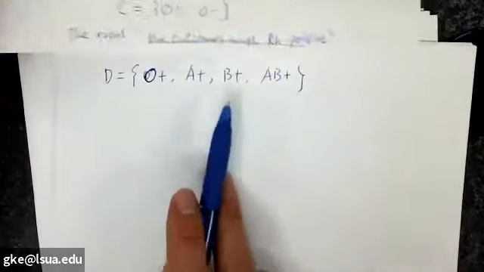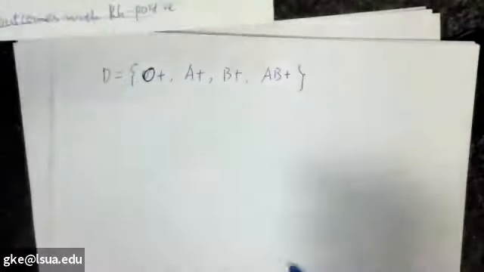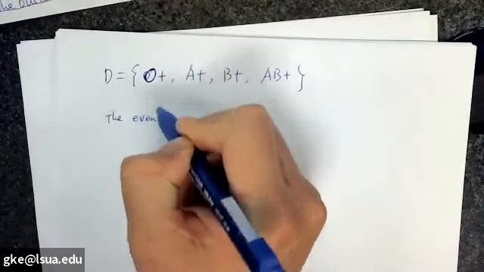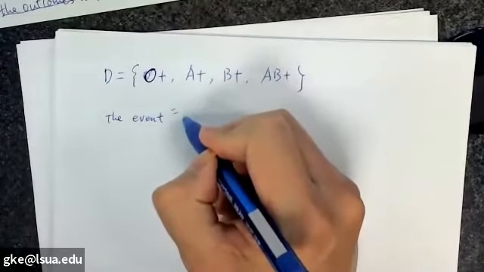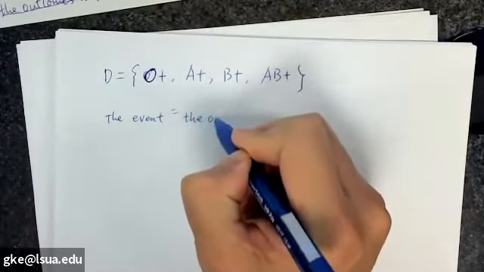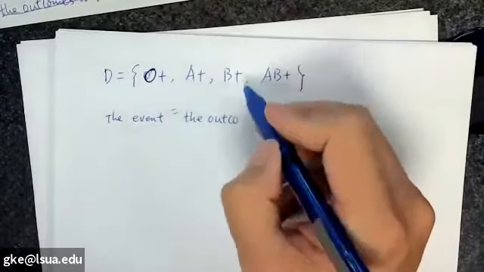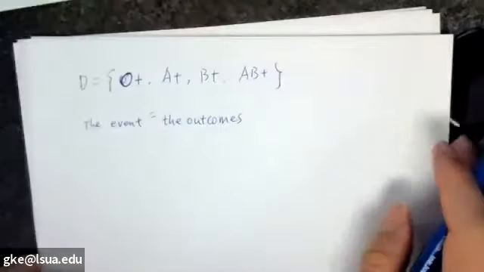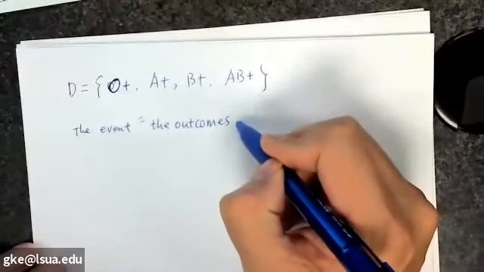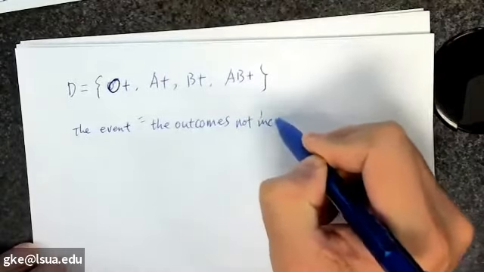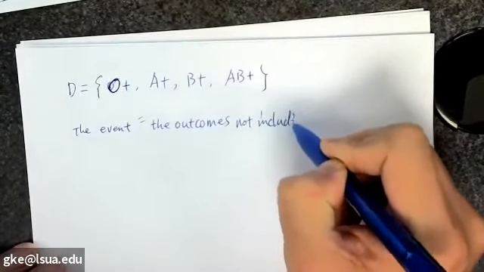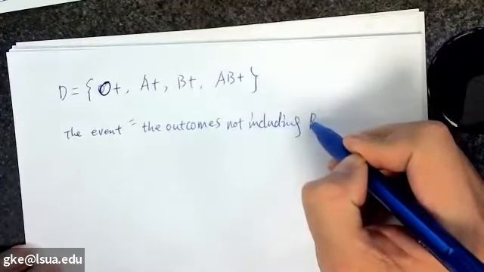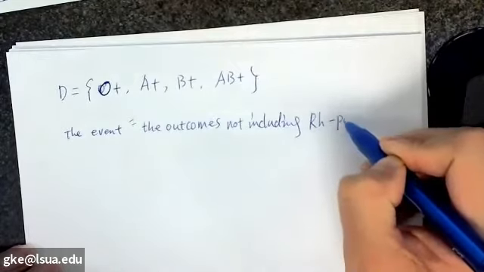Okay, now let me try another one. Write down the event: the outcomes not including RH positive.